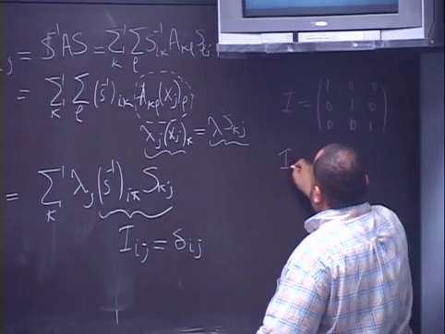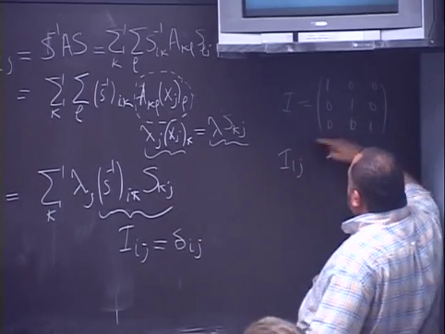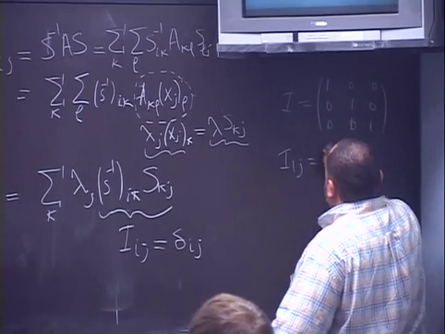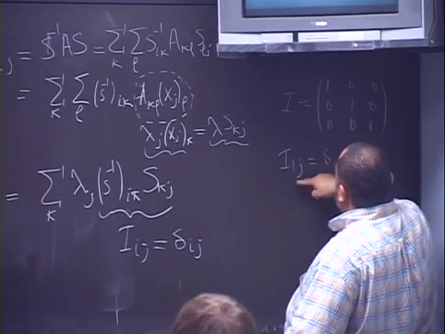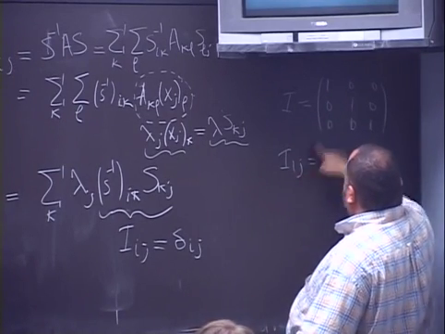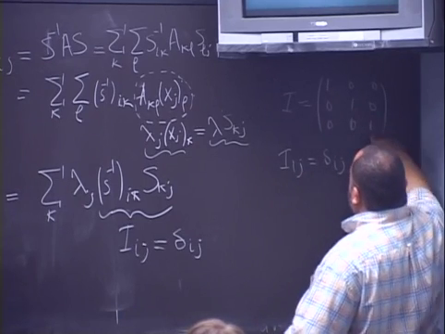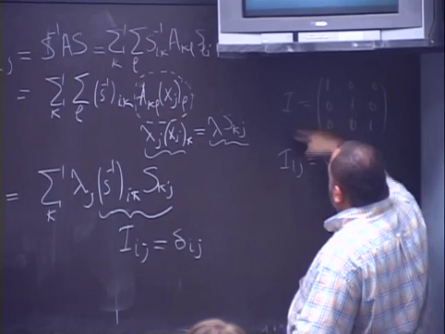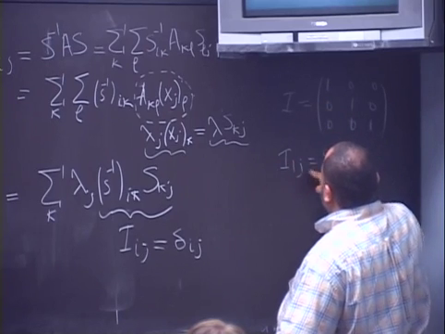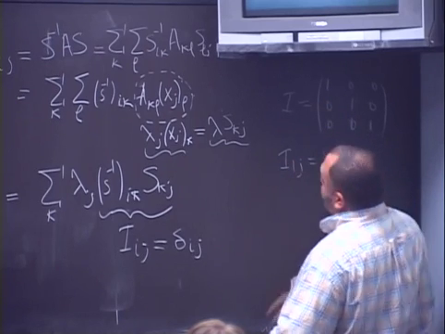So a i j is delta i j: if i equals j, 1 1 will be 1, 2 2 will be 1, 3 3 will be 1. So the components of the identity matrix are exactly the same as the canonical delta function.